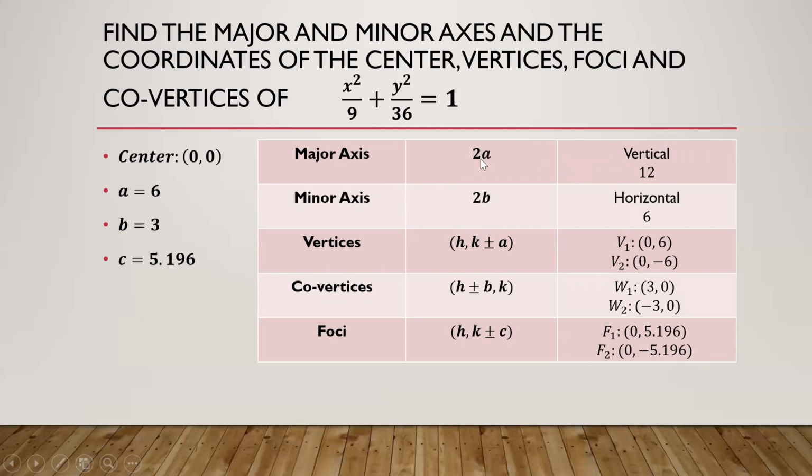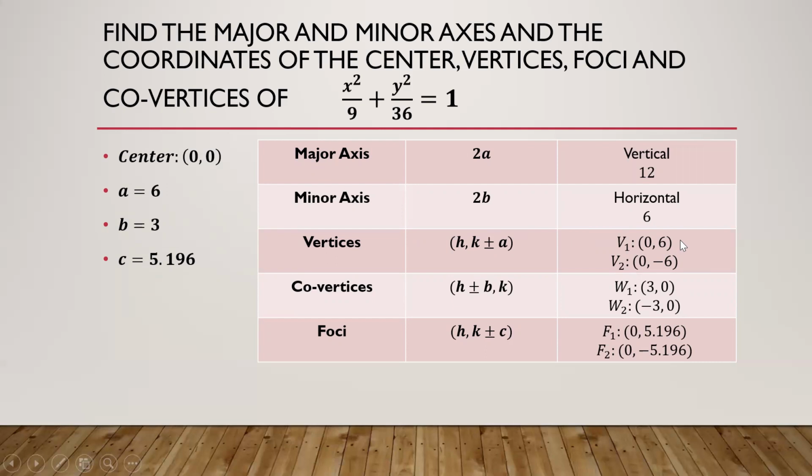So we'll have this. Our major axis is vertical. So 2a, that's 2 times 6, which is 12. For our minor axis, it's horizontal. That's 2b, so 2 times 3, that's 6. For our vertices, that's h comma k plus a. So k is 0 plus a, which is 6.